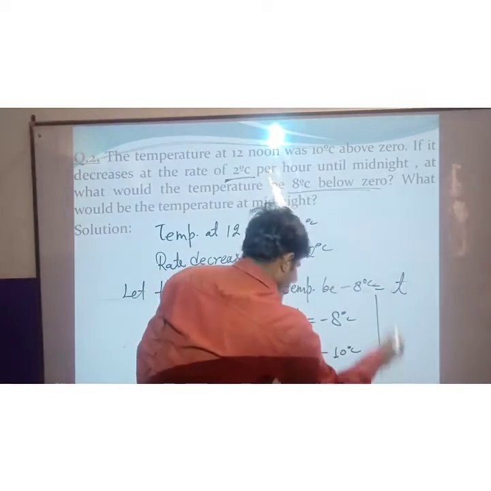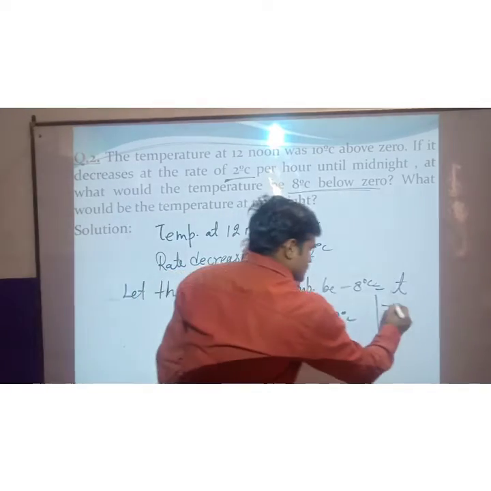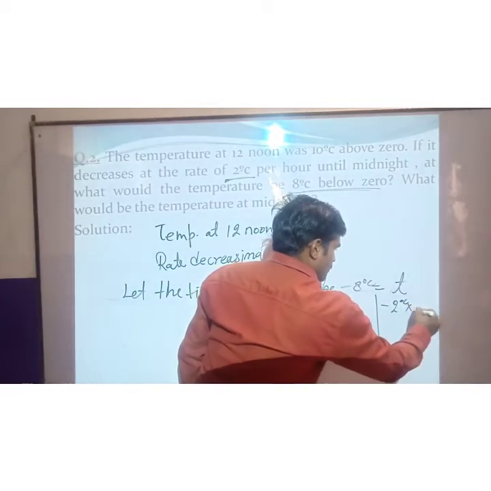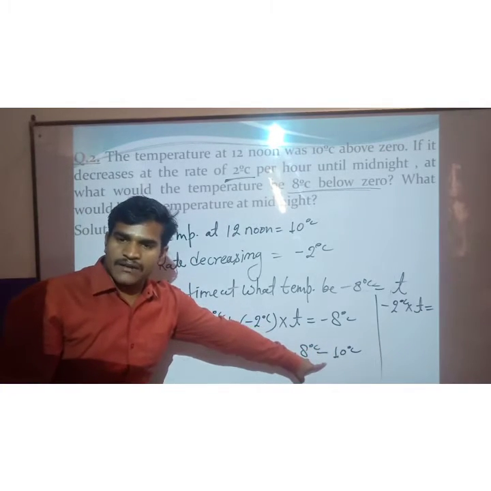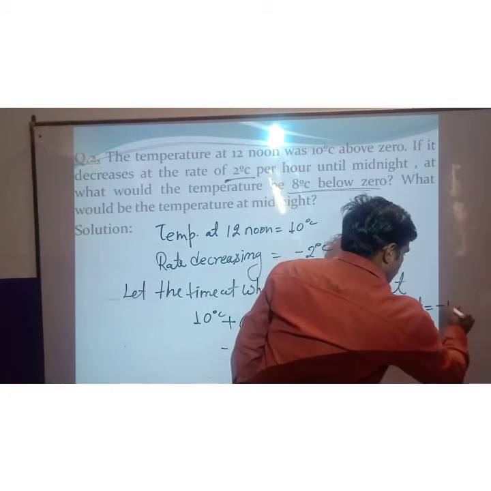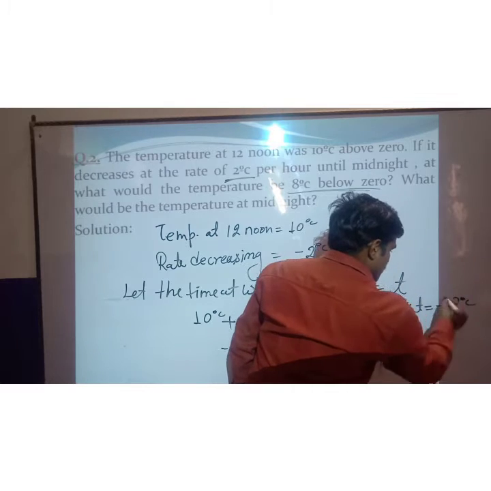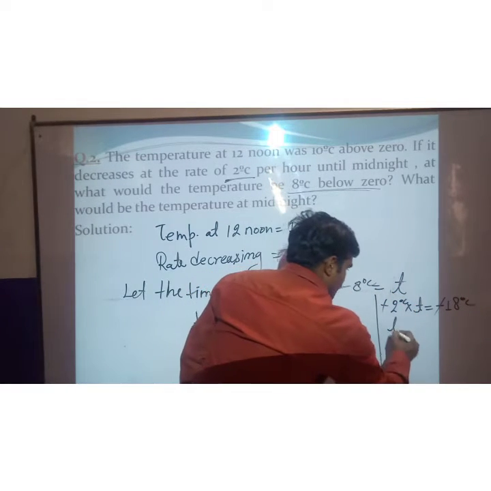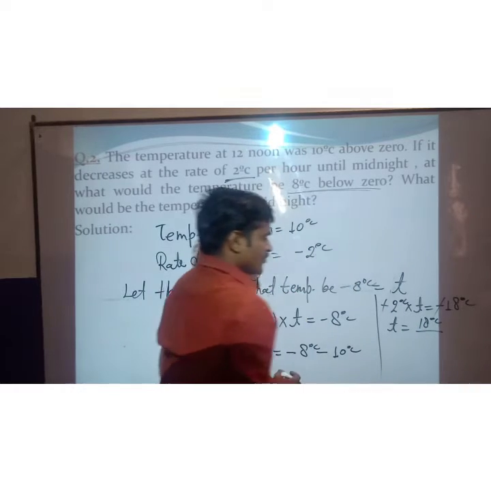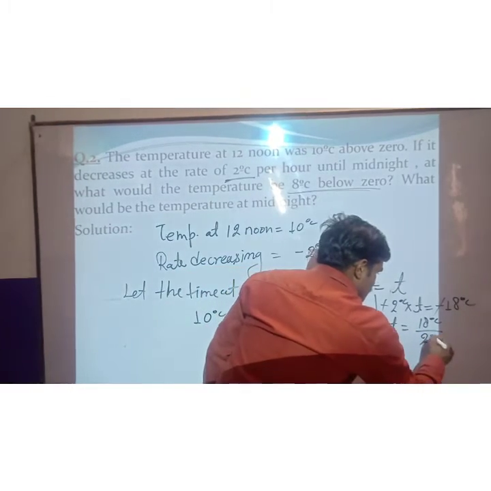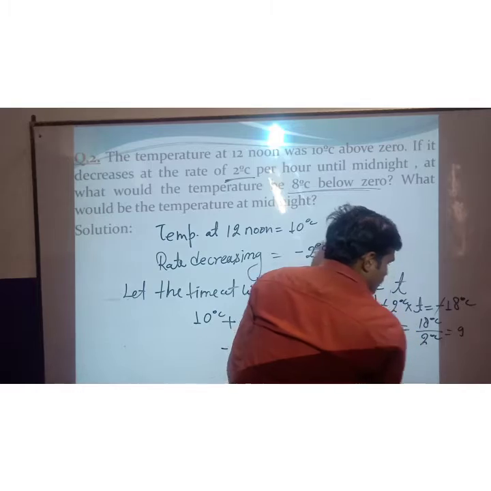Now, minus 2 degrees Celsius into T is equal to minus 8 and minus 10, equal to minus 18 degrees Celsius. Minus minus cancel. Now T is equal to 18 transposed, divided by 2 degrees Celsius, equal to 9.